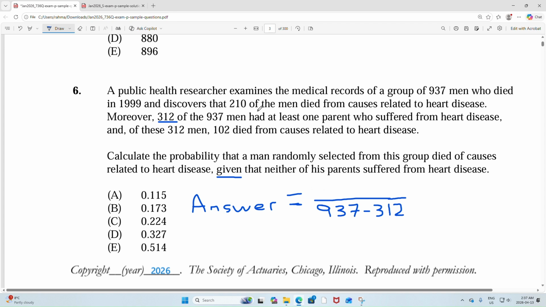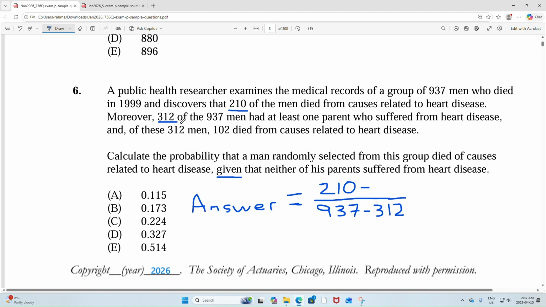So we have 210 of the men in total died of causes related to heart disease. And that can only be broken up into the men who did have parents who suffered from heart disease or who didn't.